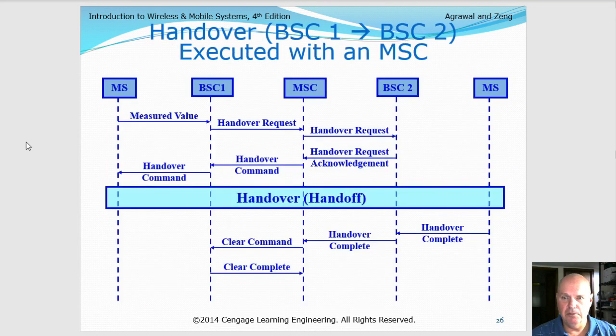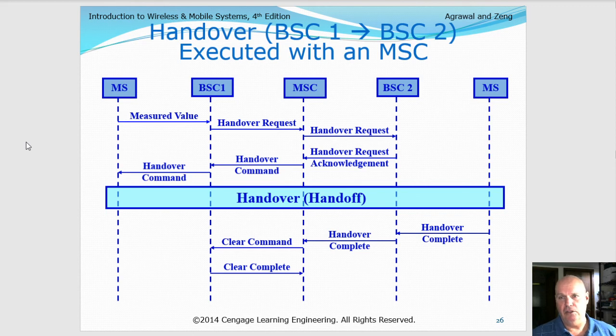So this illustrates what happens when a user is switching between two base station controllers and two clusters that are serviced by the same mobile switching center. Again, this handoff is generally determined when the power level detected at the user from the base station gets too weak, then the handover request can be made.